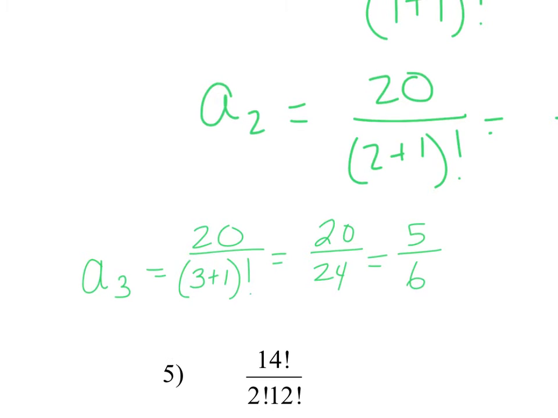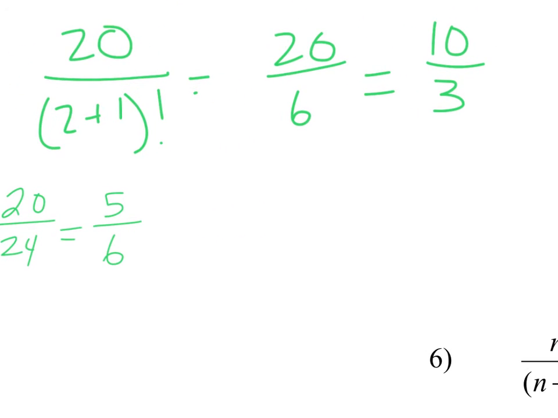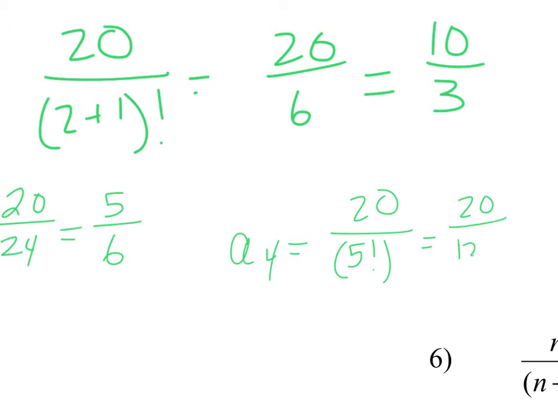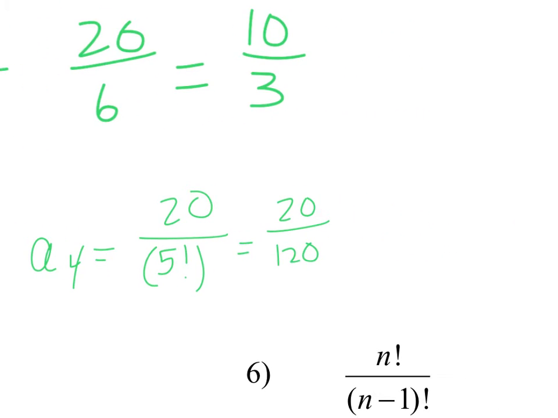And finally, the last term that we're looking for, our fourth term in the sequence, a sub 4, will be 20 divided by what ends up being 5 factorial, which is 24 times 5. So we end up with 20 over 120, which simplifies to 1/6.